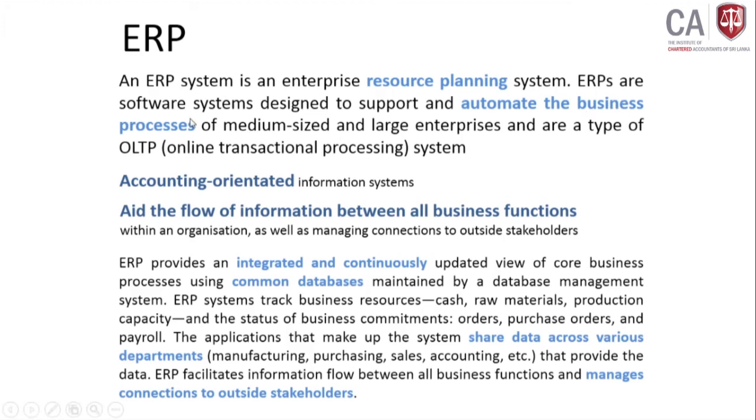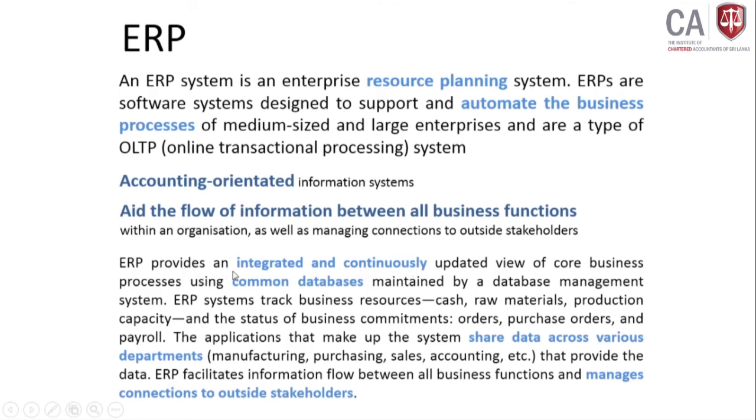ERP is a software system designed to support and automate the business processes in medium-size or large enterprises and is a type of OLTP, online transaction processing system. An accounting-oriented information system that aids the flow of information between all business functions. ERP provides integration and is continuously updated. After explaining these things, I will explain on the board what ERP is.